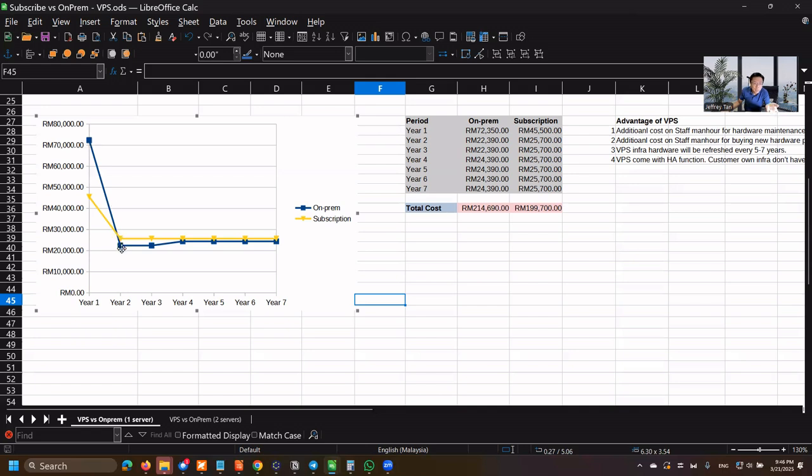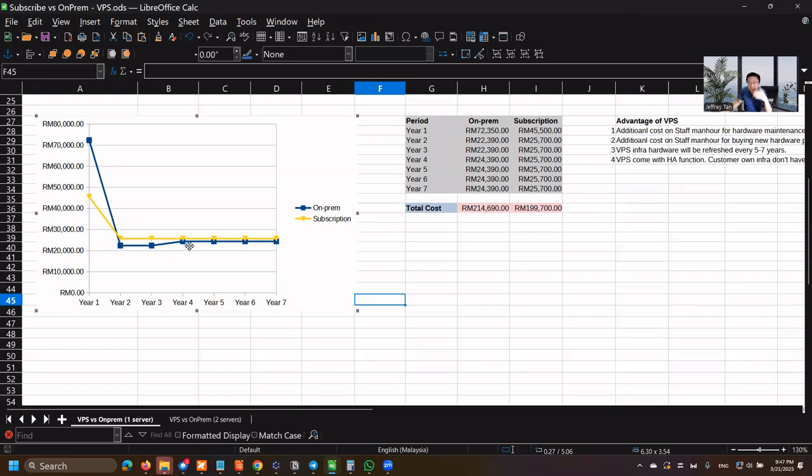Then when you come to the second year, you will see that in the second and third year, the on-prem server, the blue line, is a bit lower compared to the yellow line. And after the third year, starting from the fourth year, the blue line goes up a bit, meaning the cost increases a little bit.